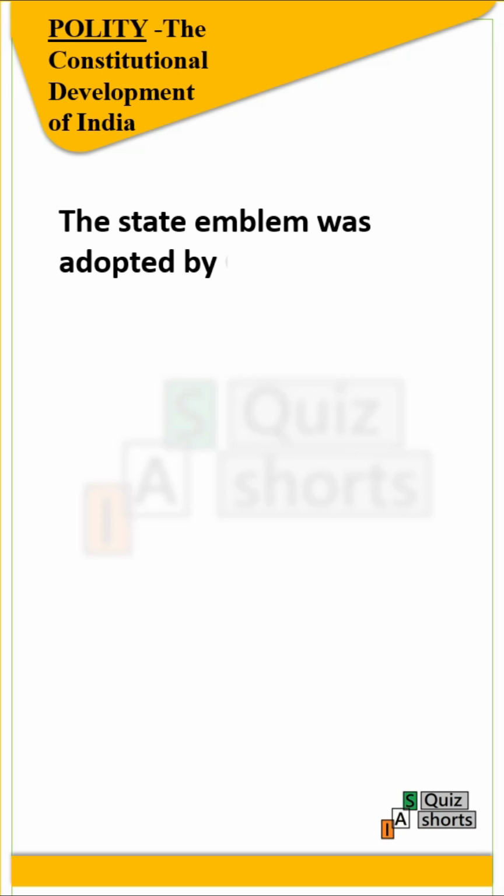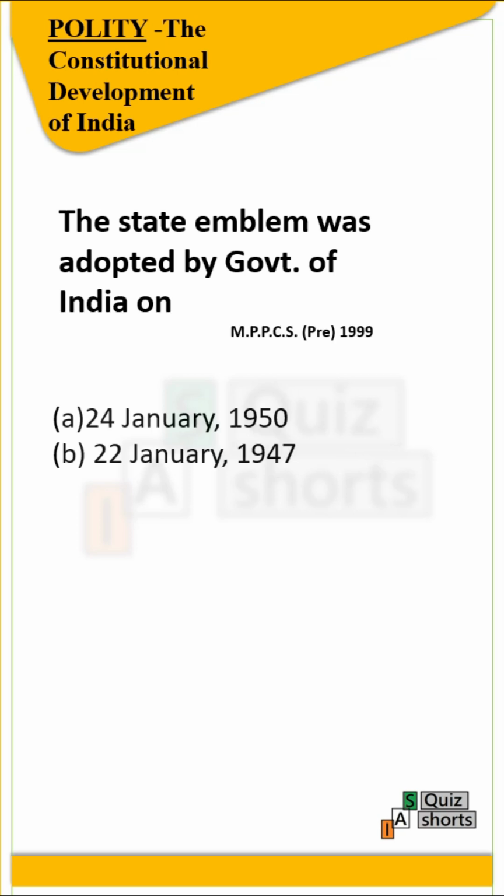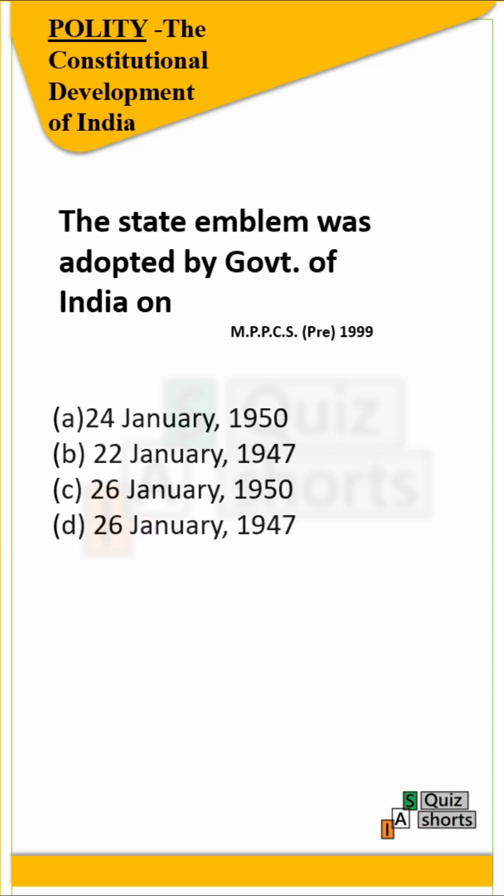The state emblem was adopted by Government of India on date 24 January 1950, 22nd January 1947, 26 January 1950, 26 January 1947. Answer is option C. 26 January 1950.